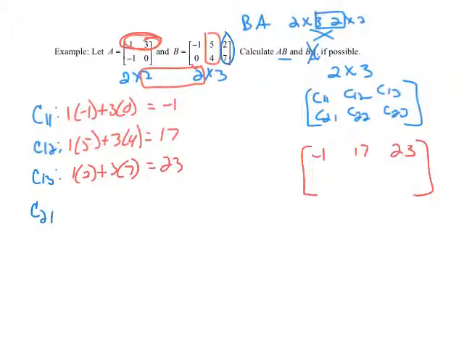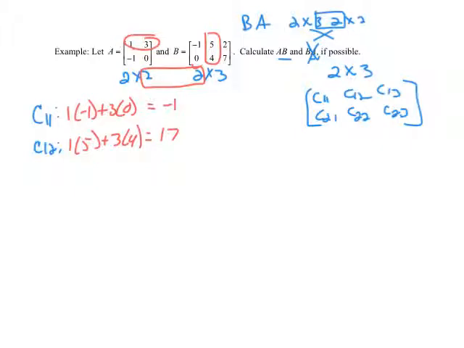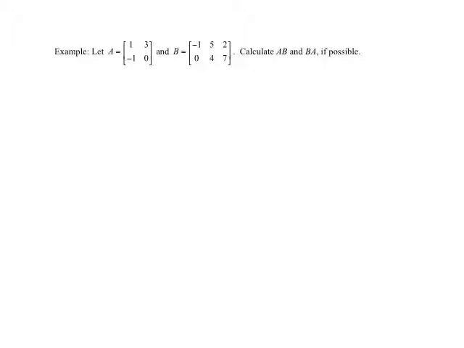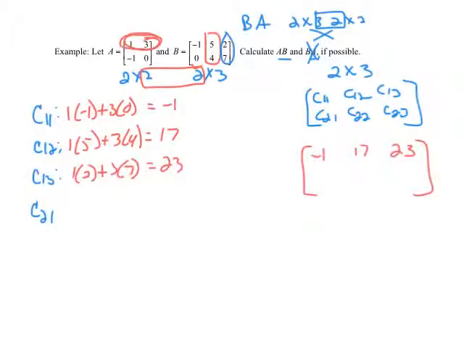C21. It's going to be -1 times -1 and 0 times 0.